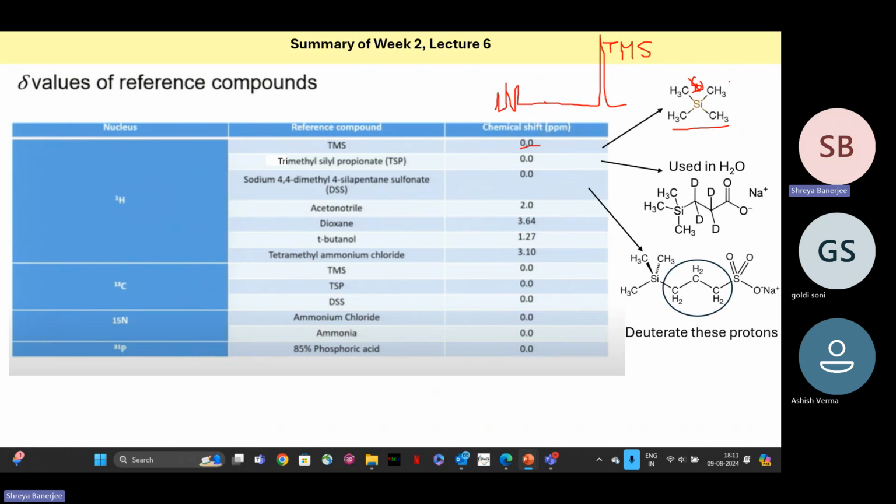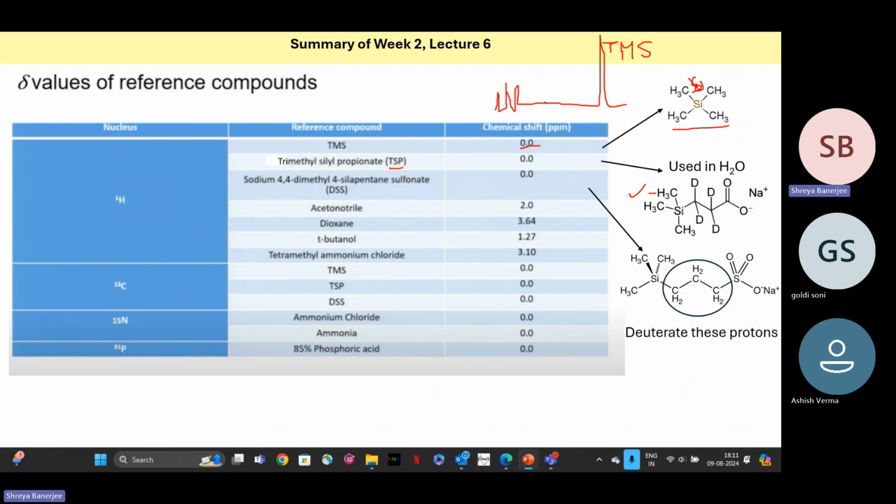But the problem with TMS is that it's very non-polar. Basically what we do is mix the reference along with the sample. But if the compound is soluble in a polar solvent like water, TMS will not be soluble in water. In those cases, a more polar reference is needed, and that is TSP, that is trimethylsilyl propionate. In this molecule that you can see here, there are 3 methyl groups.